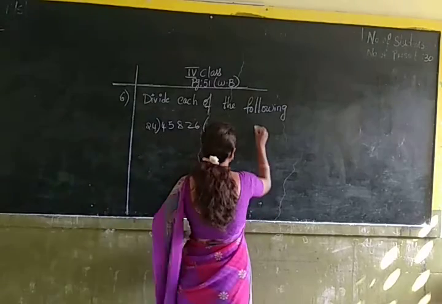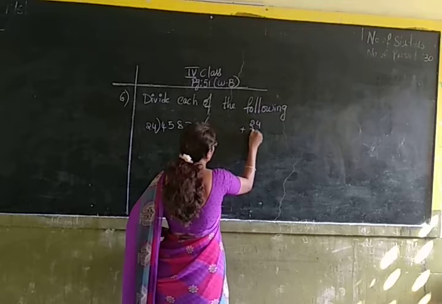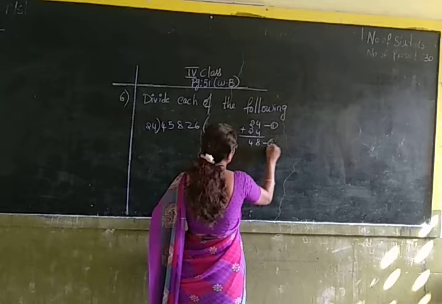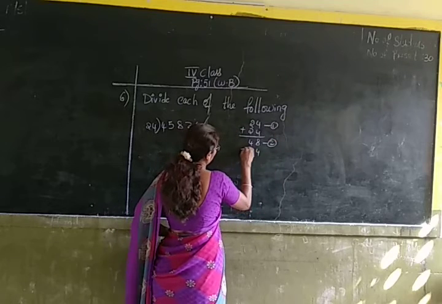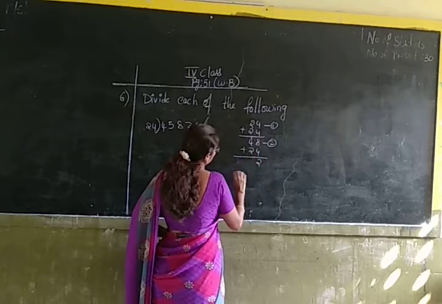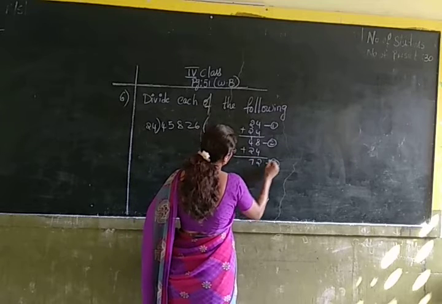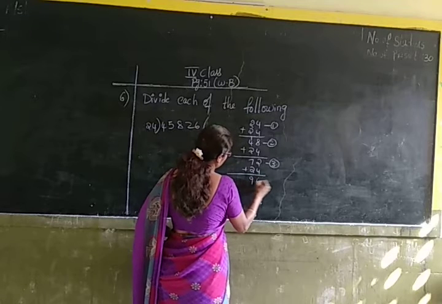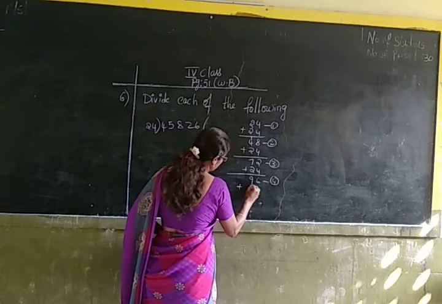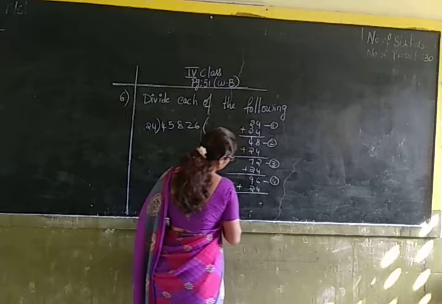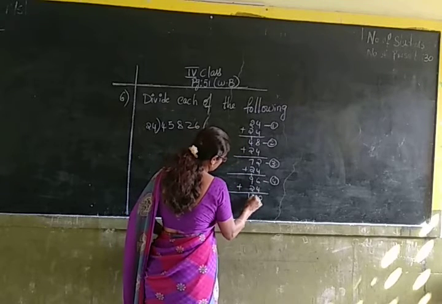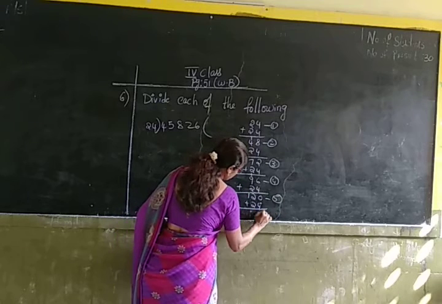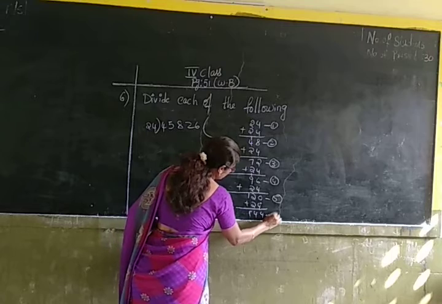Let us write down the 24 table by repeated addition. 24 plus 24 is equal to 48, plus 24, that is equal to 72, plus 24, that is equal to 96, plus 24, that is equal to 120, plus 24, that is equal to 144.